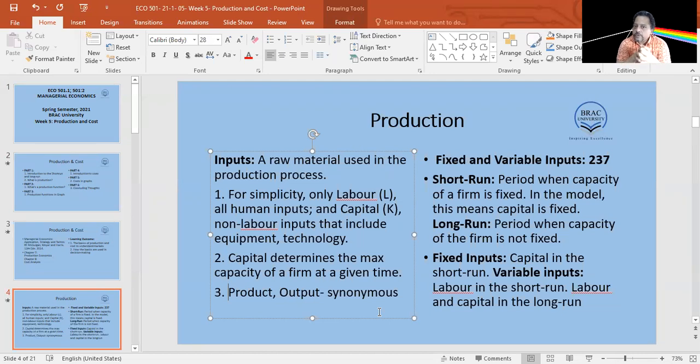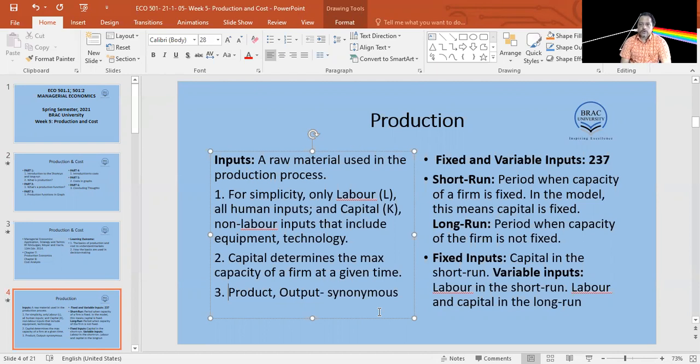Inputs, we're using the word plural, but for graphical analysis and to keep our analysis simple, inputs will be categorized into two parts. The first part is the human inputs in the production process, which we will be defining as labor.